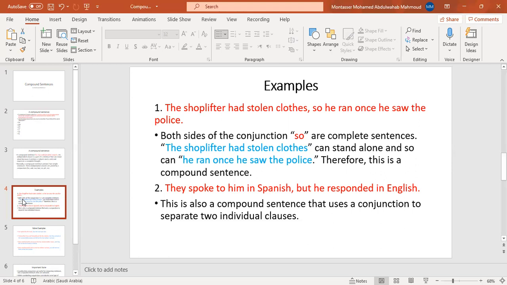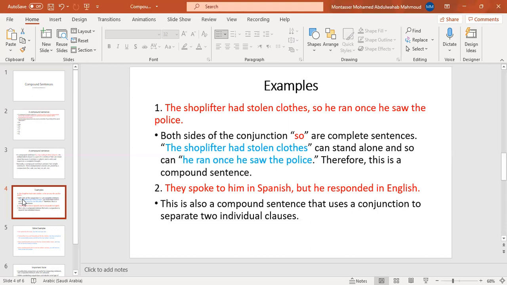Another example: they spoke to him in Spanish, but he responded in English. Where is the coordinating connector, my lovely students? Very good, but is the coordinating connector. And where is the first complete sentence, before the coordinating connector? Oh, wonderful. They spoke to him in Spanish.